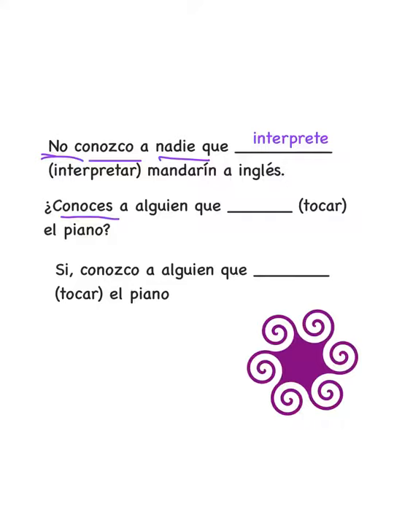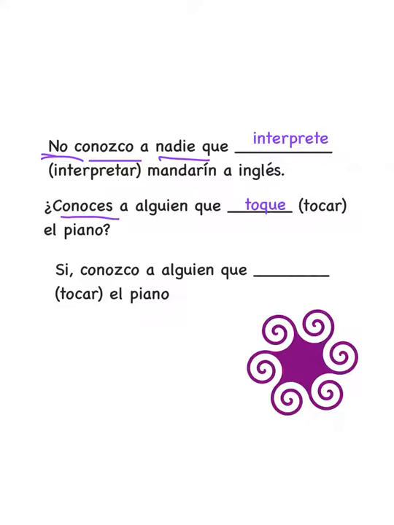So you don't have the information. You don't know. You're asking someone for information. Okay, do you know this person? So since we don't know, we're going to use what? We're going to use a subjunctive.